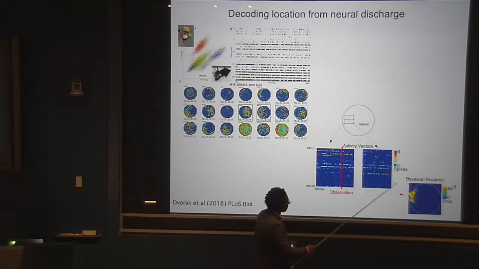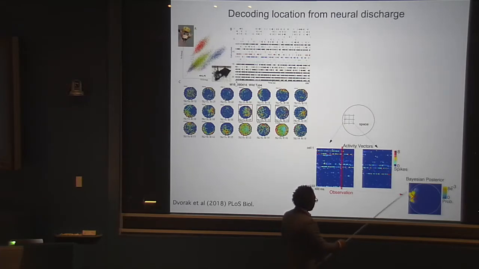And so what you're going to see are these formally Bayesian posteriors, a plot that looks like a firing field from a cell, but it's actually what the whole ensemble that we're recording is pointing to, the probability of where the animal might be. And in this case, this observation says, hey, the animal is likely to be in this area that's colored with the hot colors, unlikely to be where it's dark blue, and the animal happened to actually be where the X is.